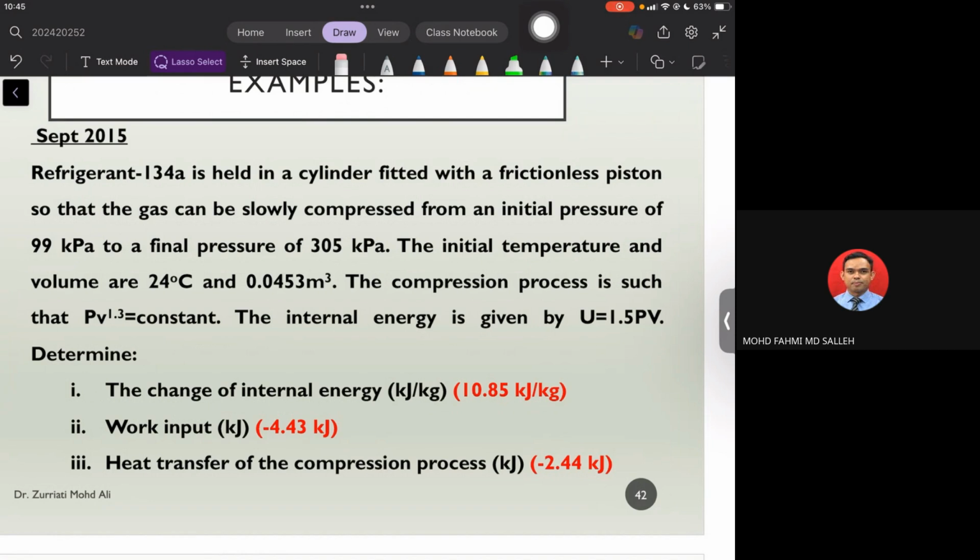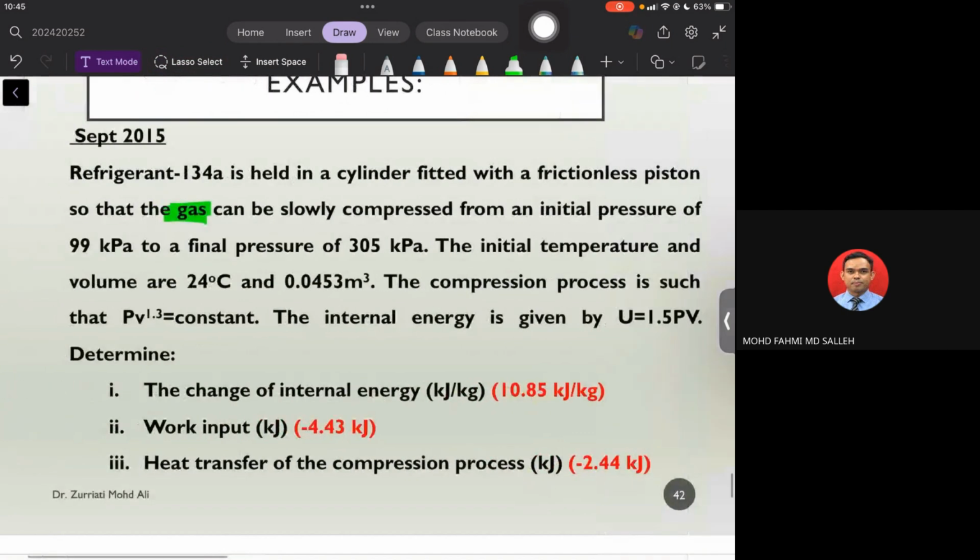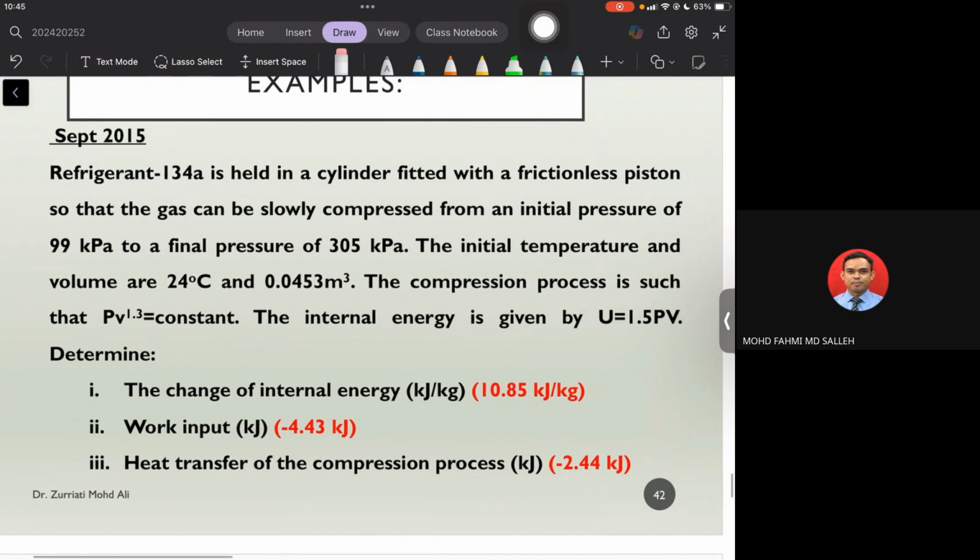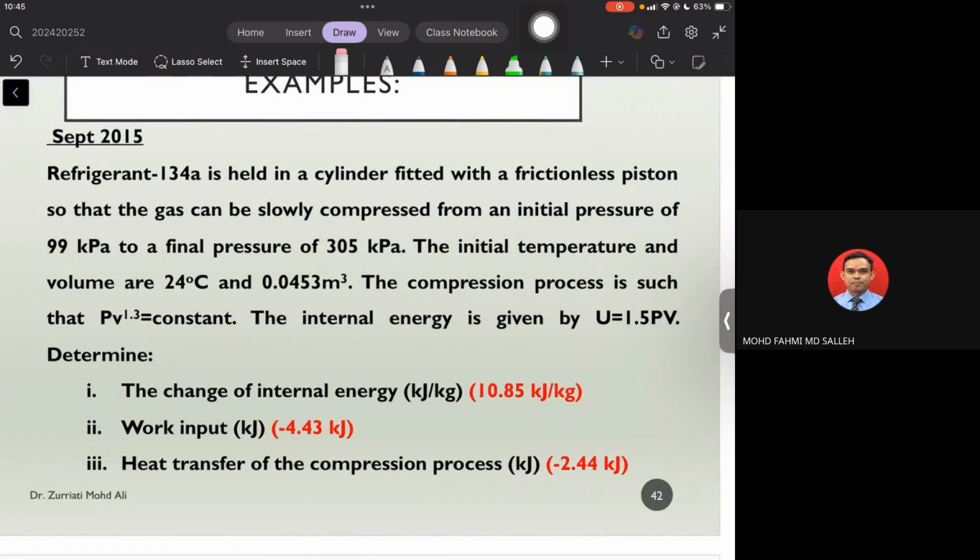But in these particular examples, since it is stated that it is a gas, thus we are going to use the ideal gas equations to solve these problems.